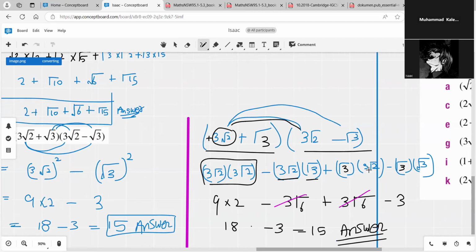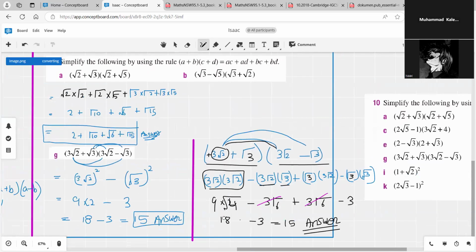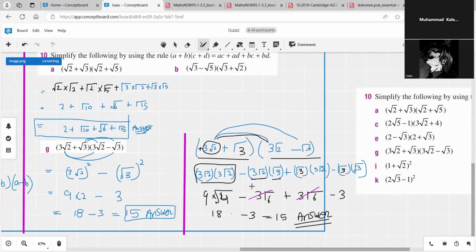Root 3 times this one, minus, why minus? Positive times negative will be negative. Root 3 times root 3, now here I'm just writing, I will multiply in the next step. Okay, now I'm going to multiply. So 3 times 3, the numbers without root will be multiplied with each other, and the numbers in the root will be multiplied with each other. So it will be square root of 4, and then you can simplify it further in the next step. Did you understand this one? Yeah. That's why I got it wrong.